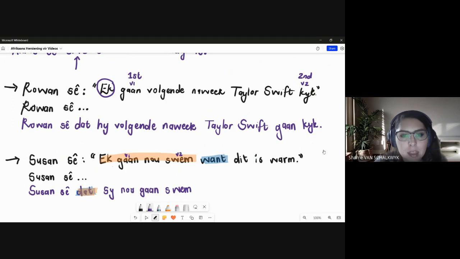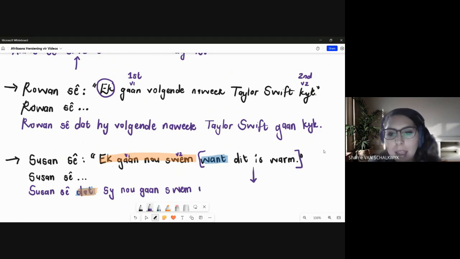And then it works exactly like an infinitive. If you're not sure what an infinitive is yet, we will go over it later. But that basically means when we go through infinitives in a few videos' time, you're going to hear cut and paste a lot. So what you're going to do is take from this conjunction and just cut and paste it. The dat goes with the sentence that follows the dat.